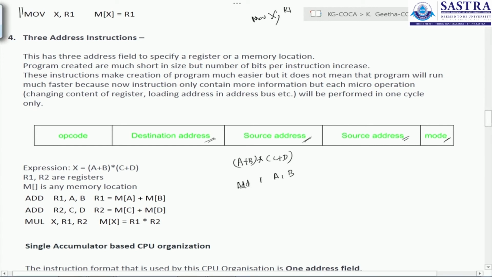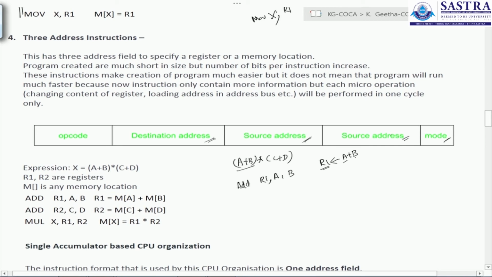So I will say add R1 comma A comma B. This single instruction refers to all the possibilities. R1 will be equal to A plus B. It refers to the two data, source address 1 and source address 2, and the result is stored in the destination address R1. So A plus B is stored in R1.